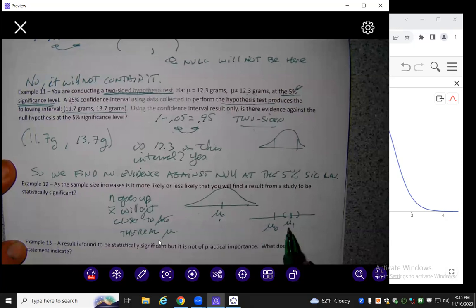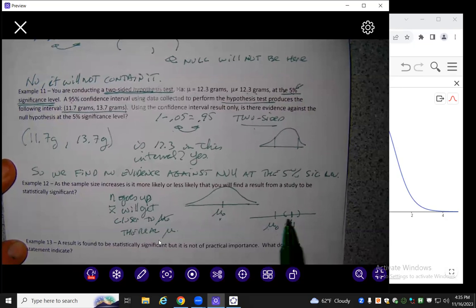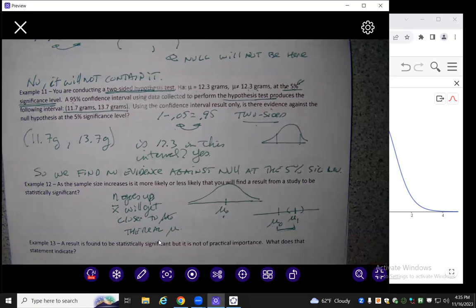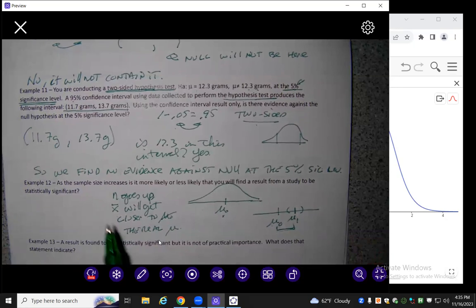If these are very close to each other, but n gets large enough, all of a sudden I'm not including this potential value. Let's say the difference here we care less about. One number is as good as the other. But eventually, if that's the reality we're dealing with, yes, as sample size increases, it's more likely you'll find the study result to be statistically significant.